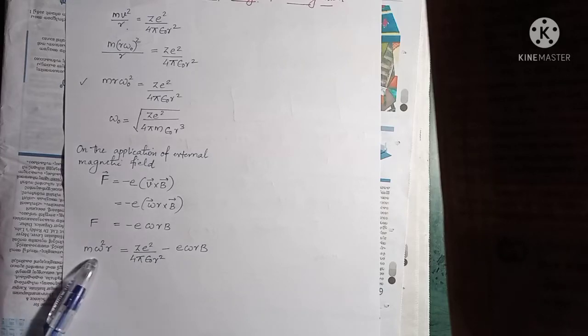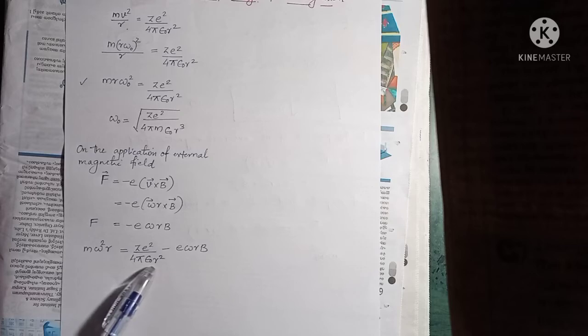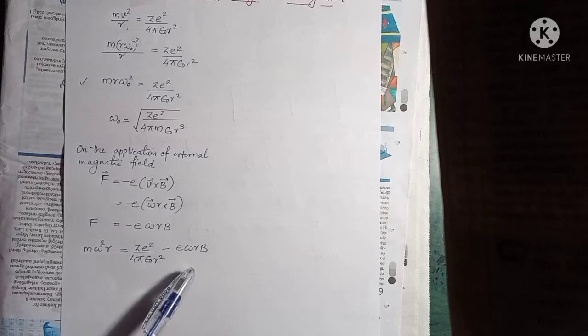So this is the new equation which will describe the forces which are acting on the electron. So this is the new centripetal force which is acting on the electron, and this is the electrostatic force term, and this is the Lorentz force term.